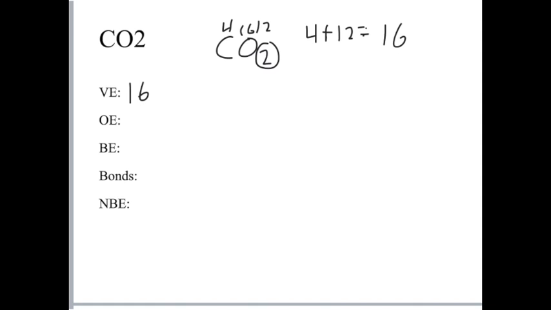Next, I'm going to find my octet electrons. Remember, the rule for octet electrons is we assume that every atom wants to have 8 valence electrons, except for hydrogen, which only wants 2. The 2 elements involved in this compound are carbon and oxygen, so they all want to have 8 electrons. This carbon is going to want to have 8.